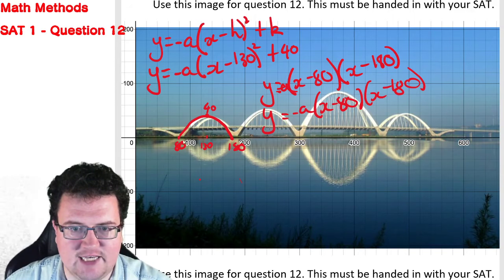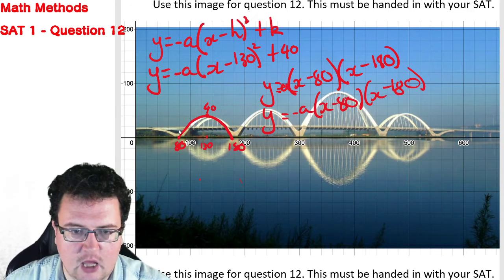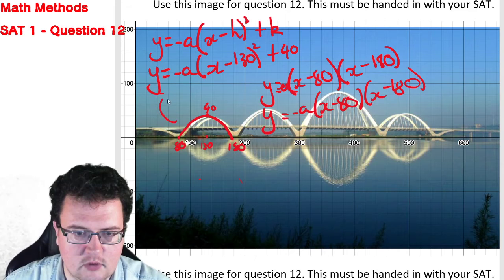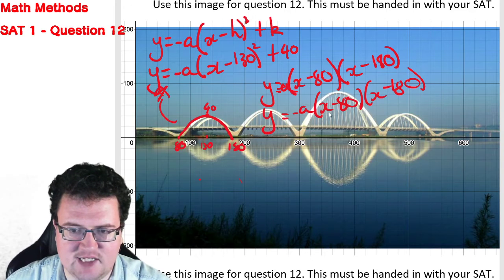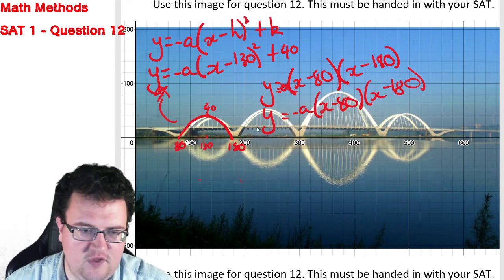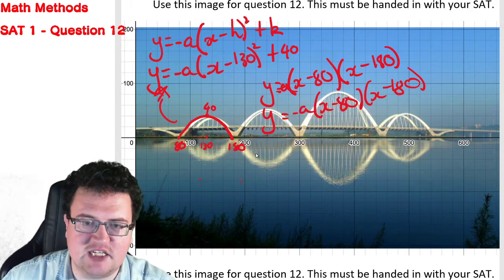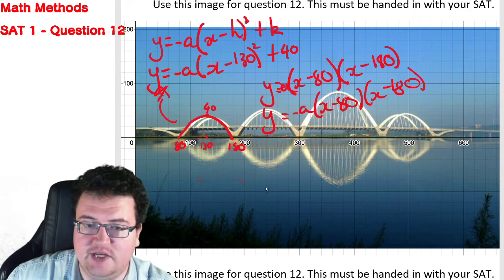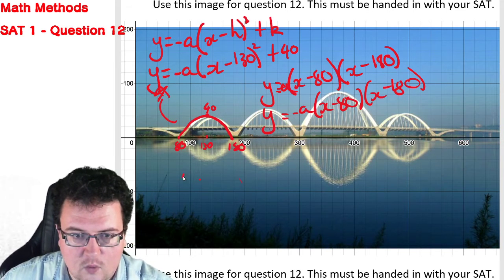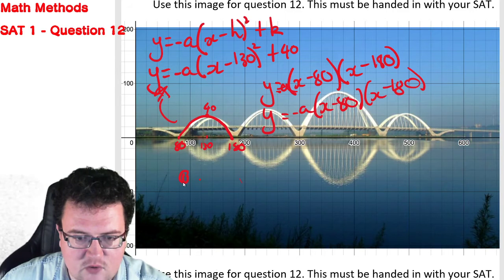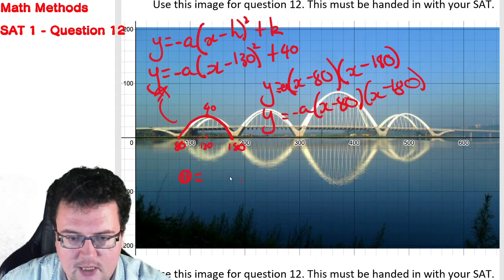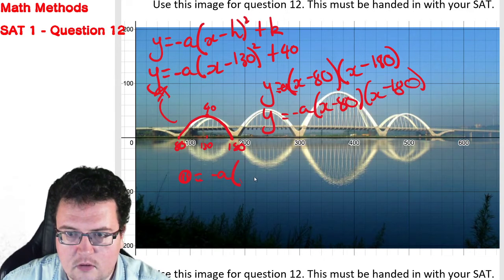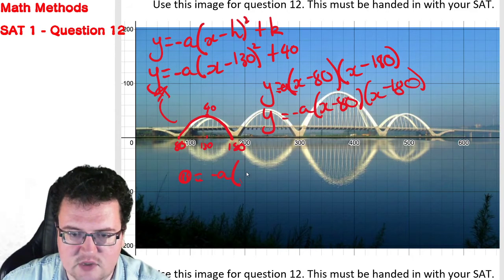All right, so let's take the point here. When x is 80, y is 0. I'm not going to put it into the intercept form, because if I put x is 80, y is 0 into that, the whole thing equals 0, and I don't get a anyway. But I still need to find out what that a value is. So 0 equals negative a, so when x equals 80, y equals 0.